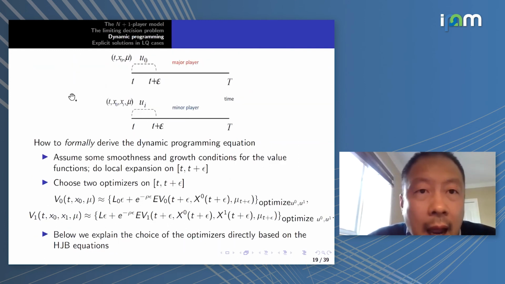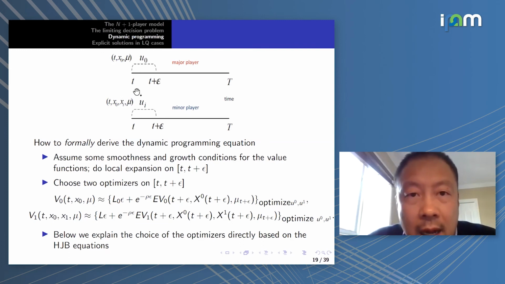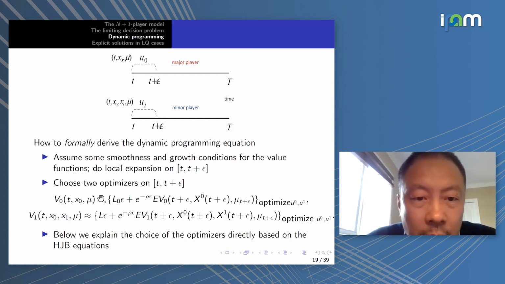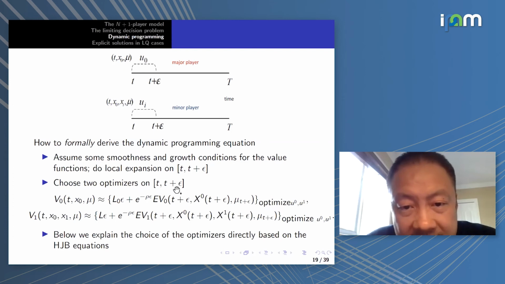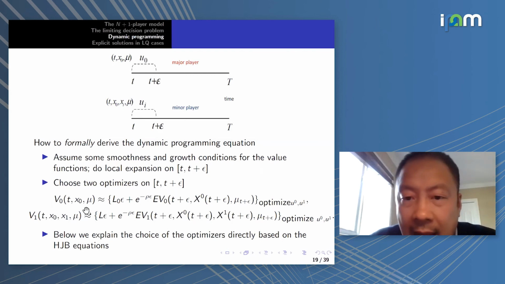So a brief note about our method. As I said, we use the notion of t-selves. In order for the idea of dynamic programming to work, we consider a small coalition, a very small group of players with the size of epsilon. We expand the value function.